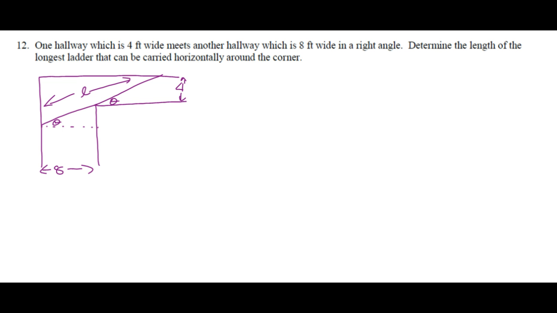So we'll call this distance A, and we'll call this distance B. And what we need is expressions for A and B in terms of theta. And the sides, we know this is 4, and we know this is 8. Okay, theta, B, and 4. What's the relation?